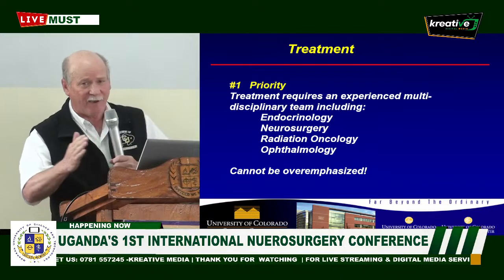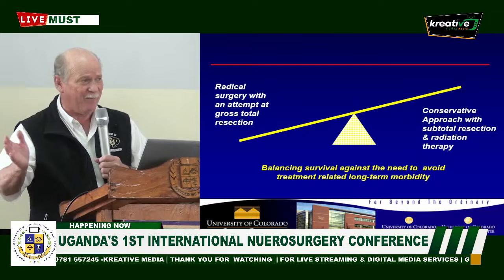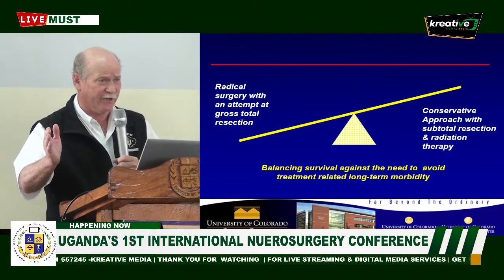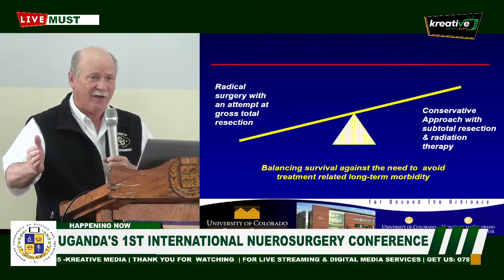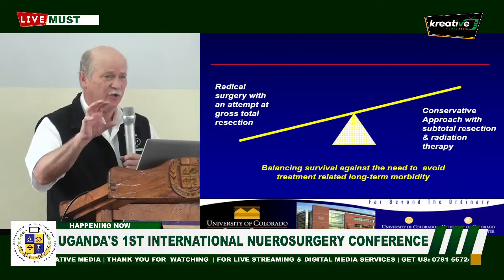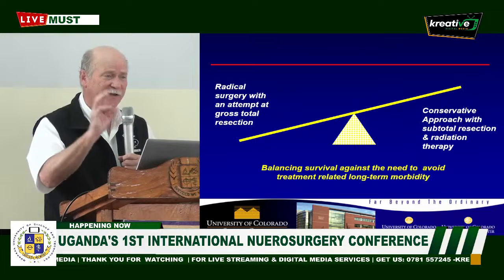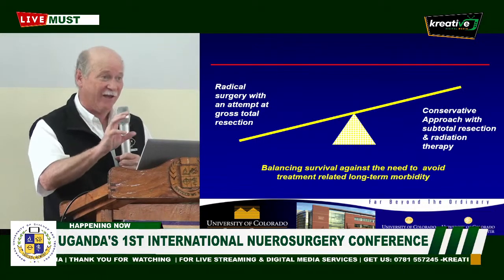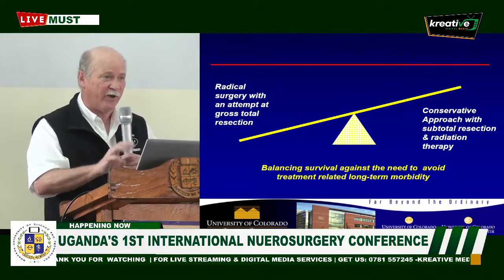We then swung the pendulum way over to the other side, basically from our pediatric neurosurgeons, where they were just draining a cyst, biopsying, and radiating. With the endoscopic approach, we now have a better view of these tumors, and we're swinging a little bit back to a surgical approach, trying to get radical resection if it comes relatively easily. If not, leave it and go with radiation therapy.